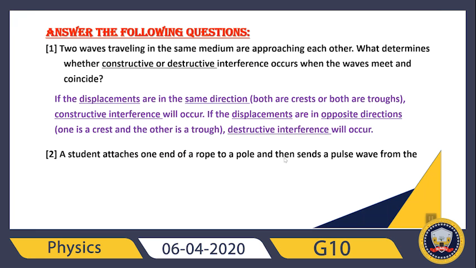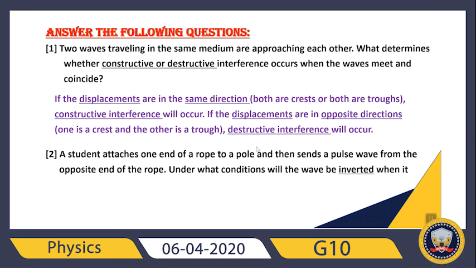Question 2. A student attaches one end of a rope to a pole and then sends a pulse wave from the opposite end of the rope. Under what conditions will the wave be inverted when it reaches the pole and is reflected? Now, if I want the wave to be reflected and inverted, should the boundary be fixed or free?